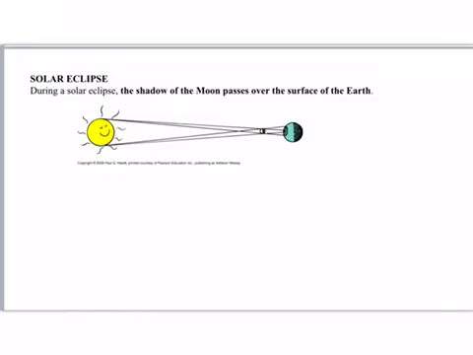Solar and lunar eclipses are examples of shadow formation. During a solar eclipse, the shadow of the moon passes over the surface of the earth. The moon is between the sun and the earth, and as the sun is a huge light source, we take 2 points and take the lights to the top and bottom of the moon.